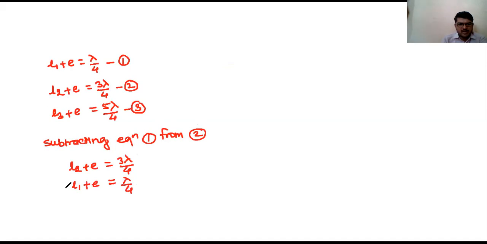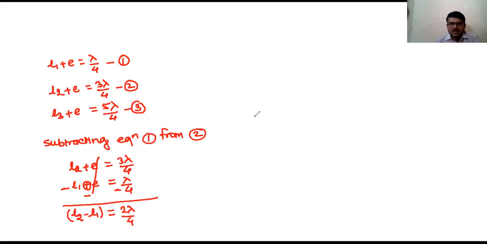So this is subtraction, right? This is minus, this will also become minus, and this will also become minus. So E minus E will get cancelled. This side L2 minus L1 is equal to 3 lambda by 4 minus lambda by 4. What you are getting? 2 lambda by 4. So that implies we are getting like this now.